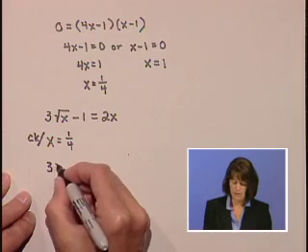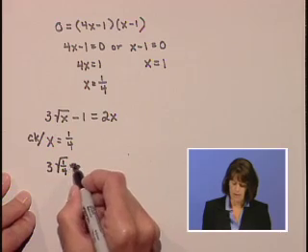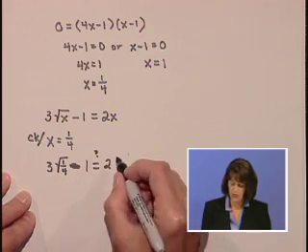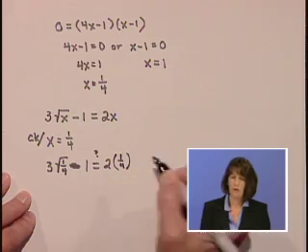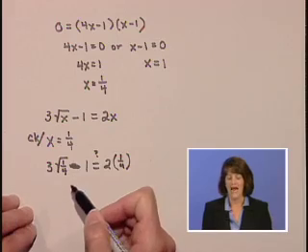So 3 times the square root of 1/4, minus 1. Is that indeed equal to 2 times 1/4? The square root of 1/4 is 1/2.